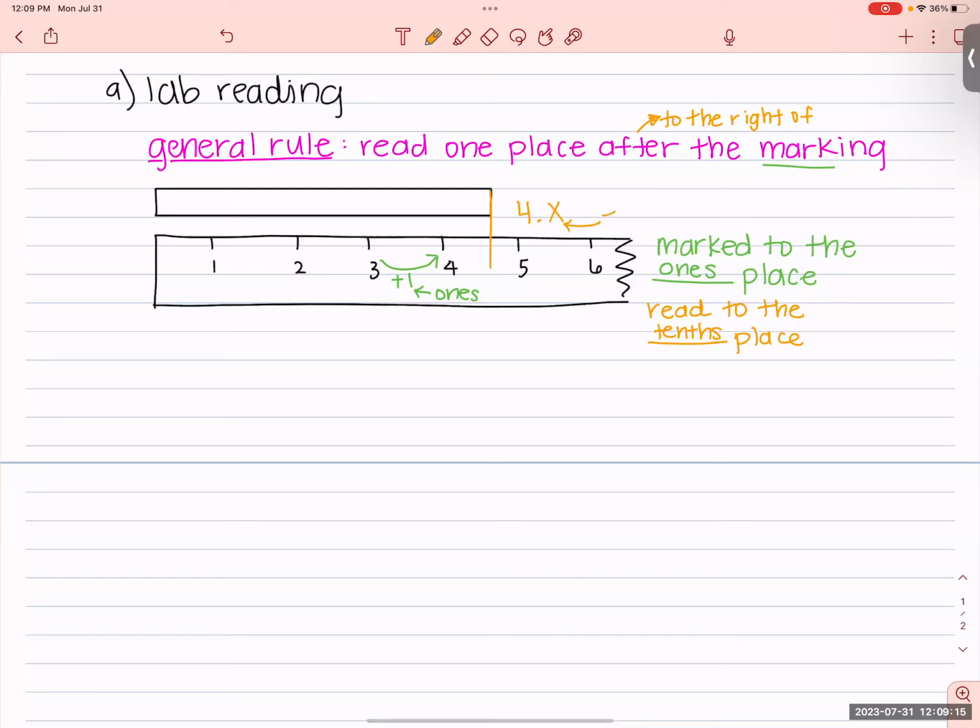It could be 7, it could be 8, it could be 6, and it doesn't matter. That's what we're guessing. So the last place that we write down is the one we're guessing. Nobody's arguing that this is in between 4 and 5. So we're pretty sure that's a 4 there. But we don't really know what the next number is because we're kind of guessing in between 4 and 5.